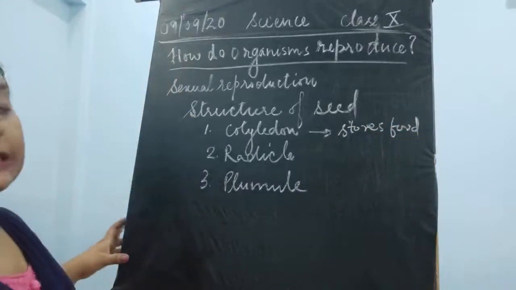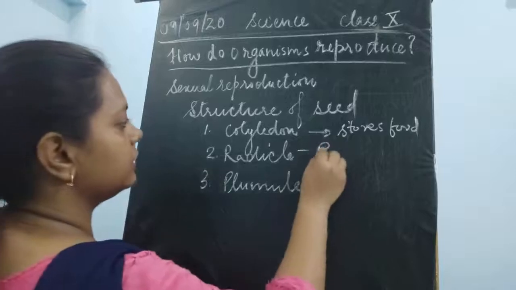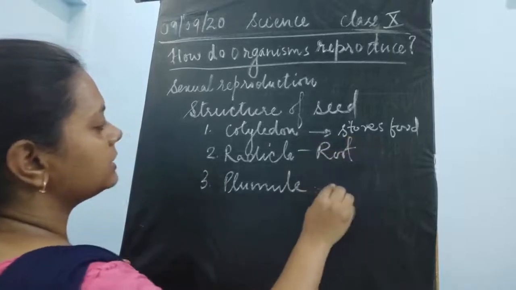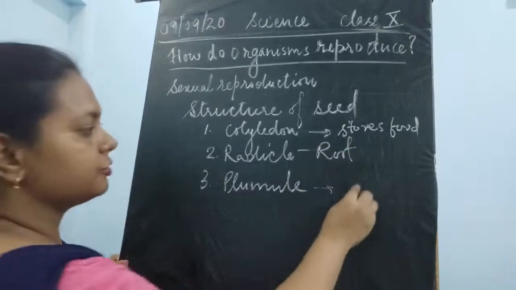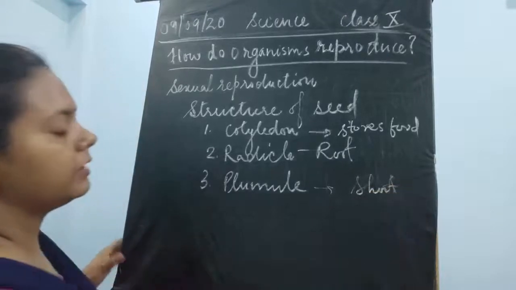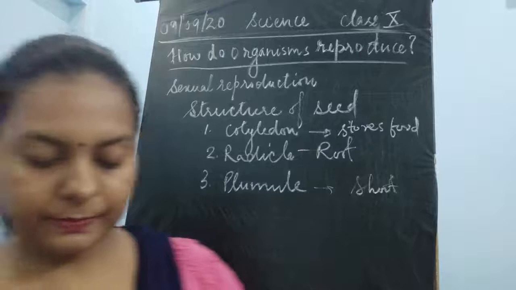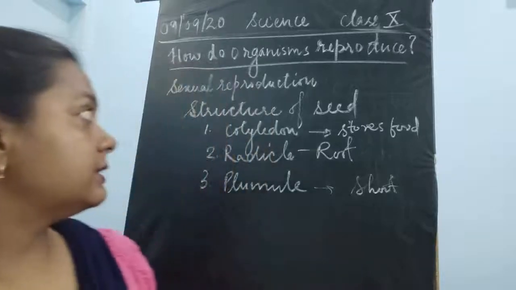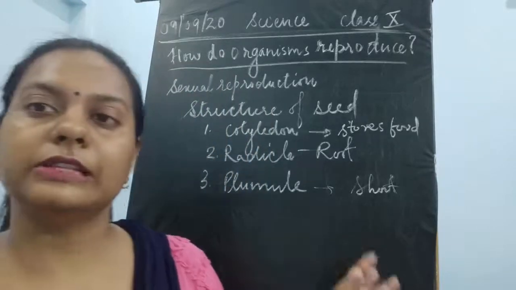The radicle grows and forms the root, and the plumule forms the stem or the shoot. So this is the structure of the seed, where these three main parts are there.